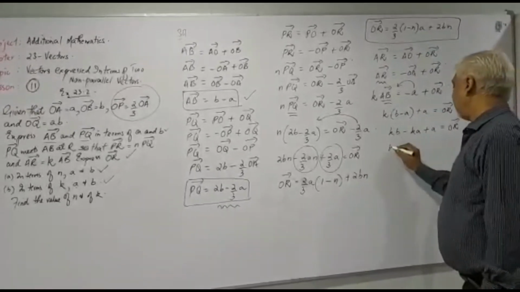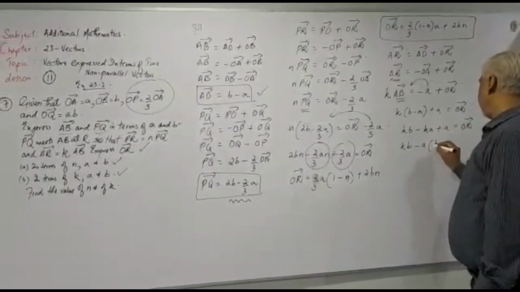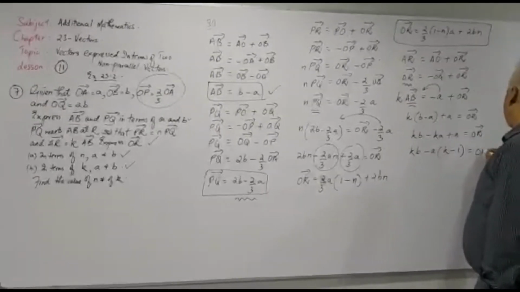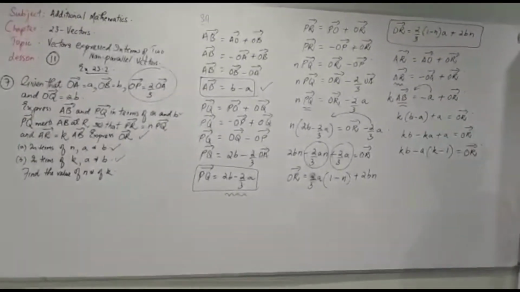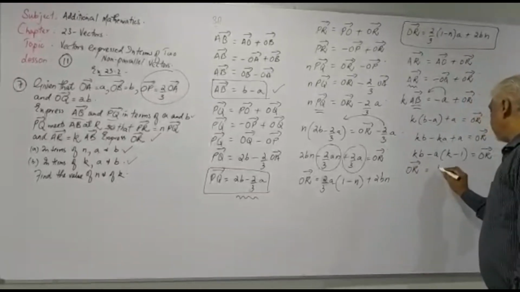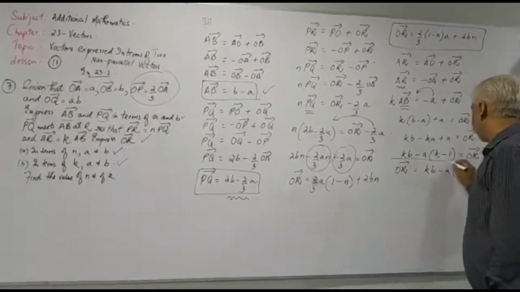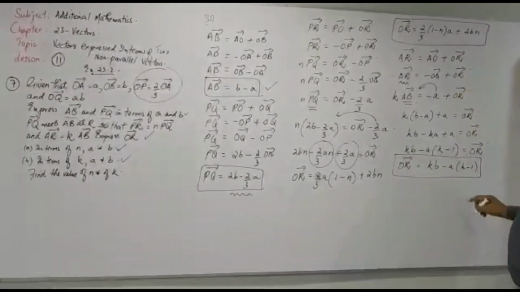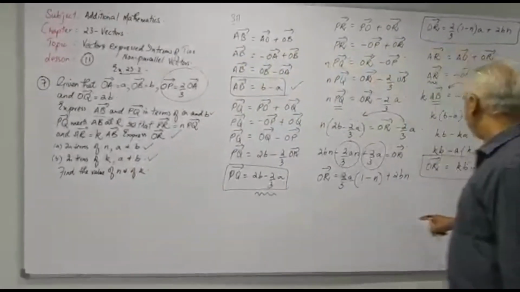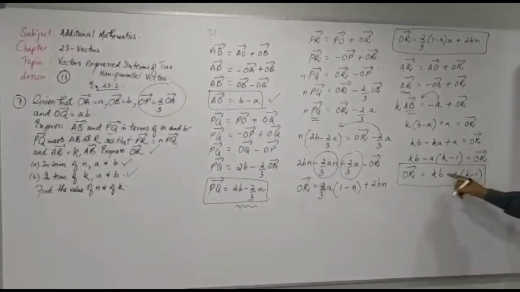Now I've got kB over here, minus, taking A common, k minus 1, equals OR. Or I can say OR is equal to kB minus A, k minus 1. So in terms of k, A and B, I have kB minus A, k minus 1.